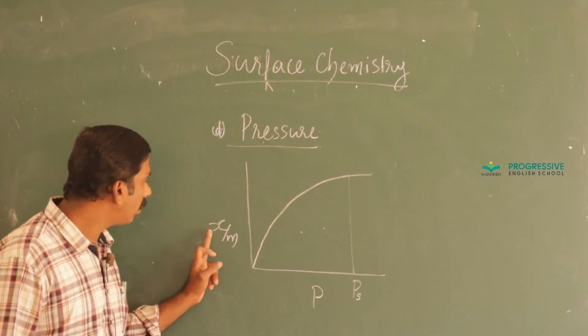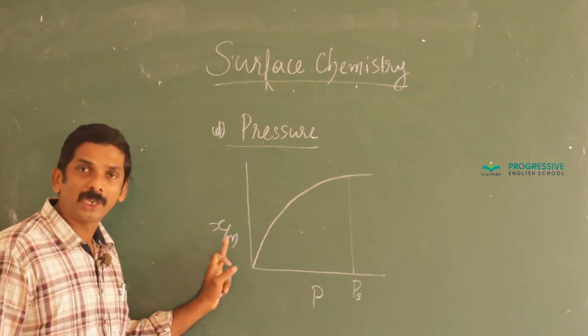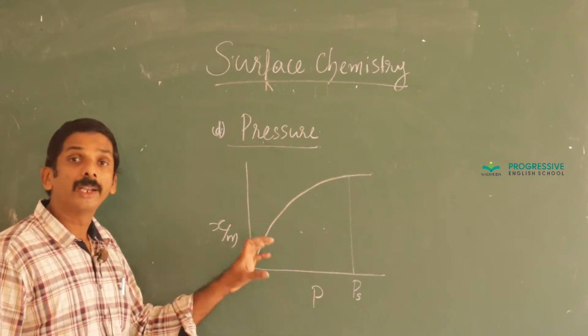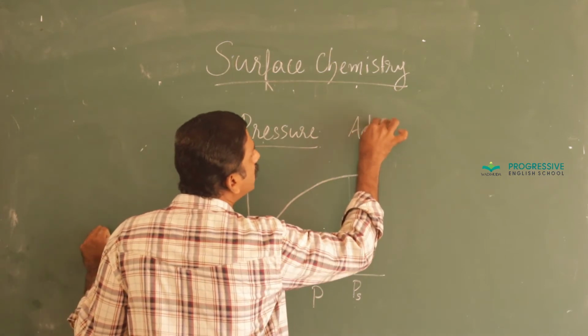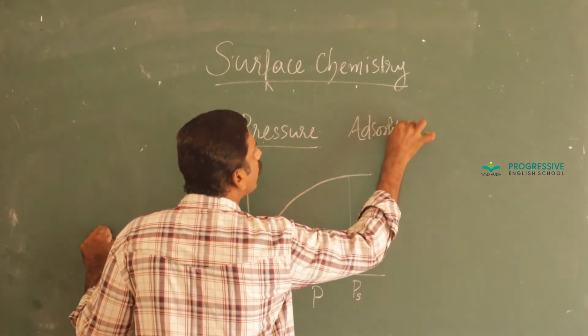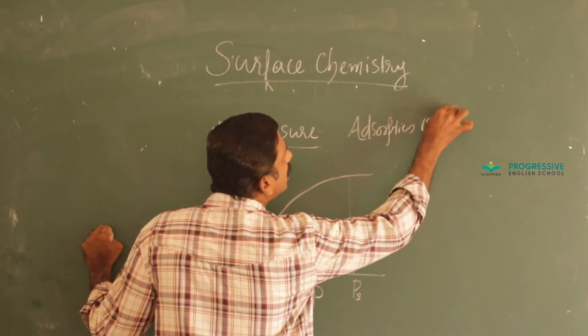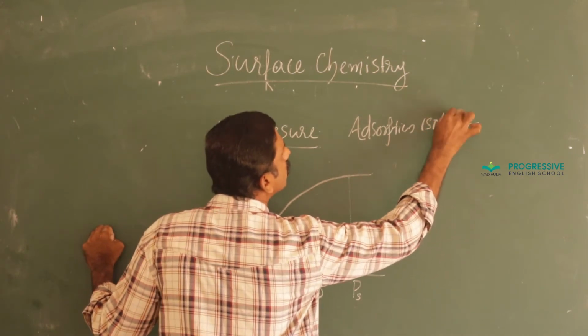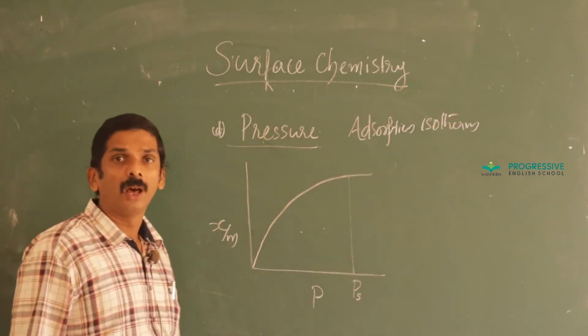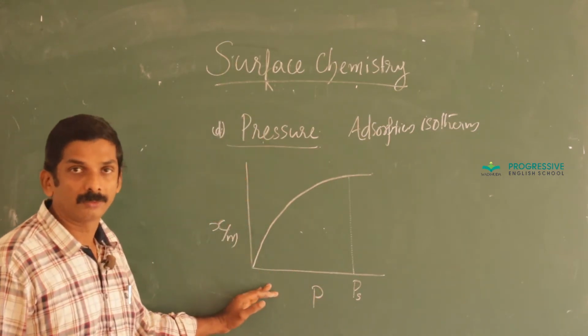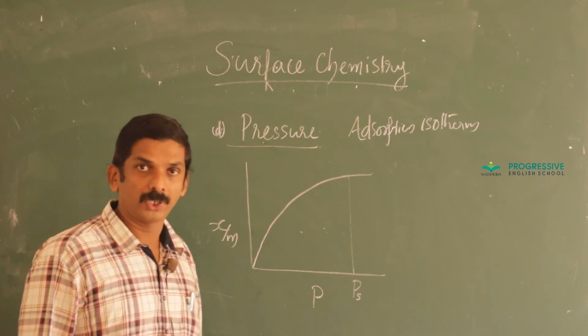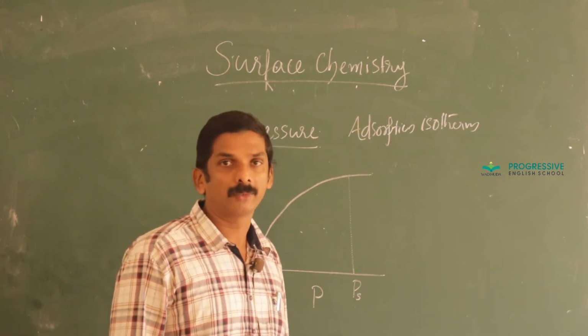The graph drawn by extent of adsorption against pressure at constant temperature is called adsorption isotherm. Adsorption isotherm, constant temperature. The former graph is called adsorption isobar.